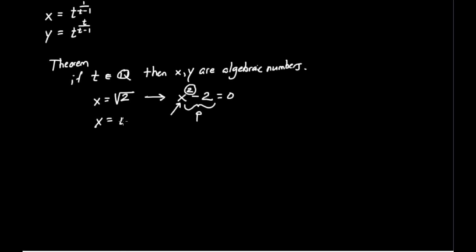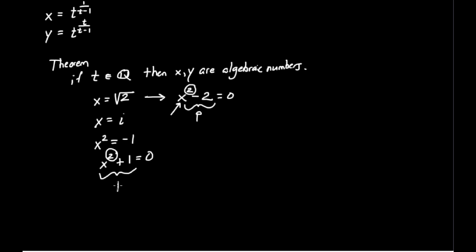In this case, the square root of 2 can be defined as the root of this following polynomial p. In this case, it's a degree 2 polynomial. And another good example is the imaginary unit, x equals i. And let's see what polynomial equation that solves. If I square both sides, i squared is going to be minus 1, and I get x squared plus 1 is equal to 0. So I can say that i is an algebraic number because it solves this following degree 2 polynomial equation.